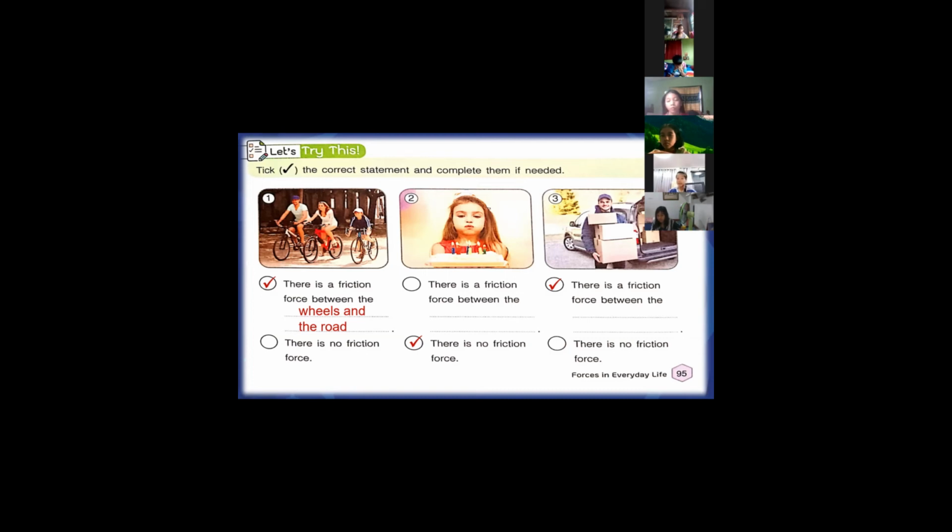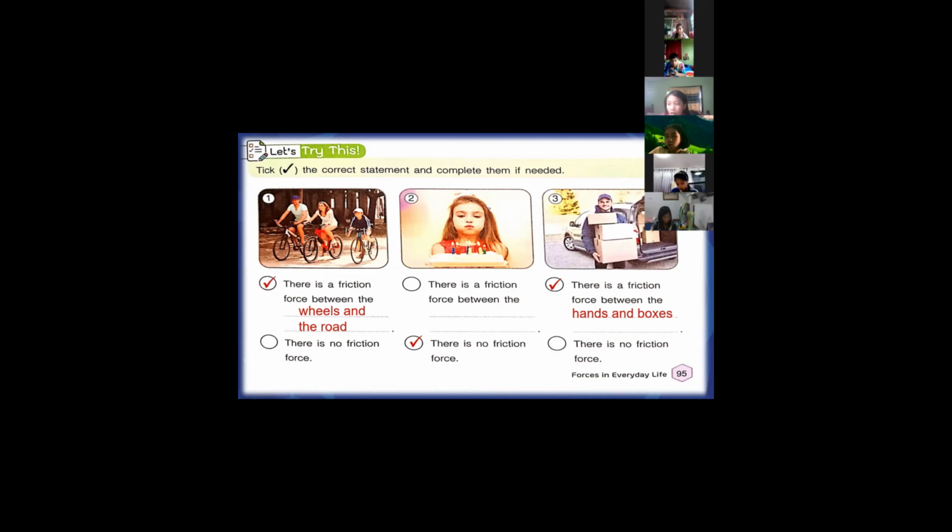Since gravity is pulling the boxes down, friction helps his hand to hold the box. So you say hands and boxes. There is a friction between the hands of the man and the boxes.